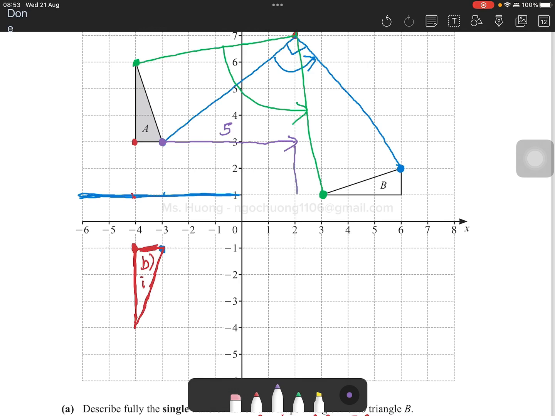And then 1, 2, 3, 4, 5, 6, 7 units down. So the image of that point is here. And from one point, we can also draw the image of the whole triangle A. We just draw the same shape in the same direction. So this one is the answer for question B, number 2.